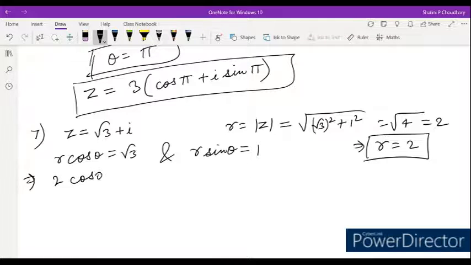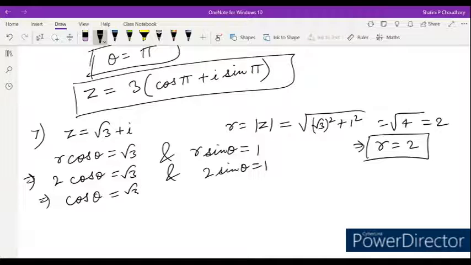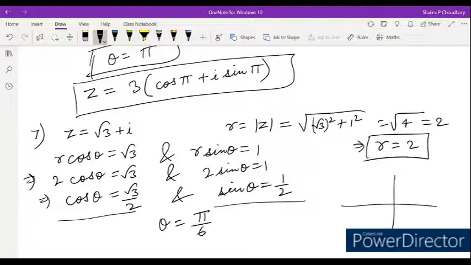So 2 cos theta will be equal to root 3 and 2 sin theta will be equal to 1. It means cos theta will be equal to root 3 upon 2 and sin theta will be equal to 1 upon 2. It means theta will be equal to pi upon 6, and cos and sin both are positive in first quadrant.